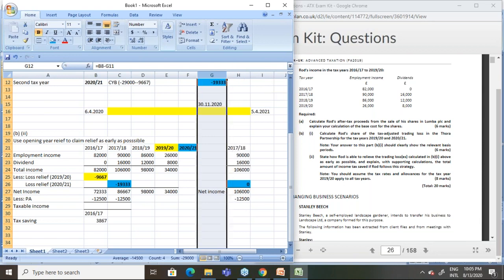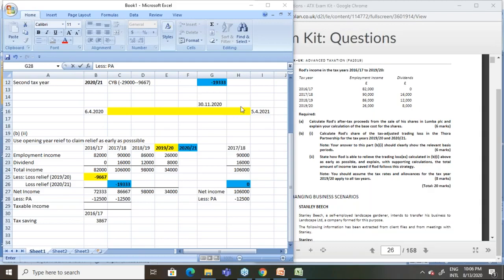Net income, assuming the loss relief is not there and you have not claimed the loss relief, your net income would have been 106,000. Then how much should have been the personal allowance? Do you think you can claim the full personal allowance 12,500?